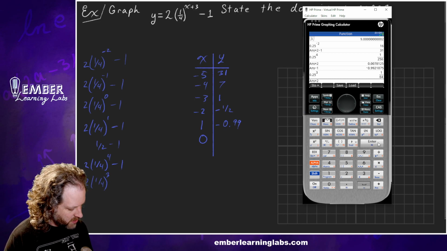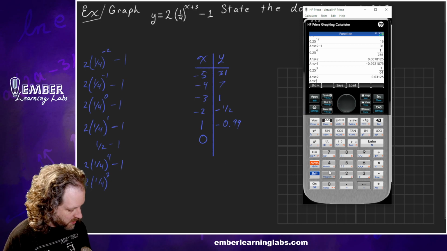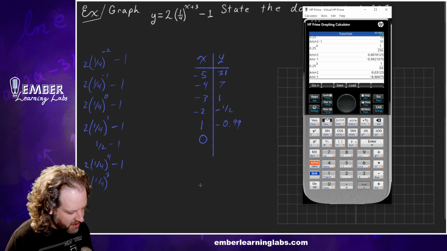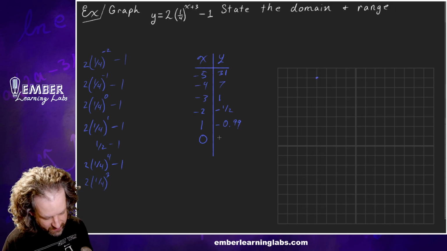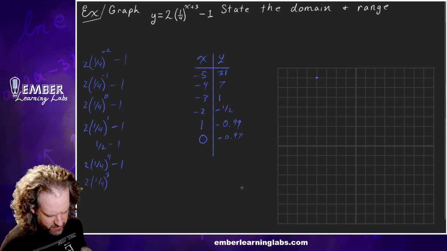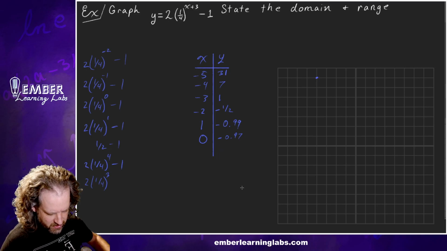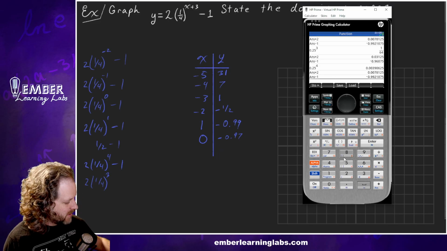Times 2 equals that, minus 1 equals negative 0.97. Which is not, in fact, closer to negative 1. What's the error? Be back in 2 seconds.